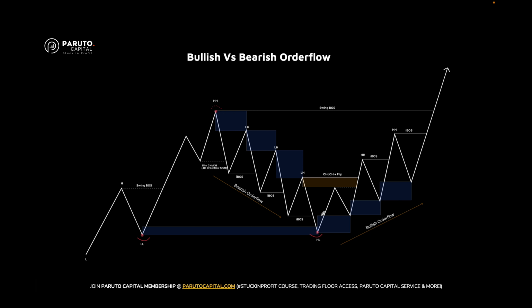And why is it a flip? Because price came into the zone, didn't do anything, flipped, and then a change of character. That's why it's called a CHoCH and a flip, and then the order flow continues. It pulls back into the zone, continues up, pulls back again, and continues like that. So this is a bullish order flow.